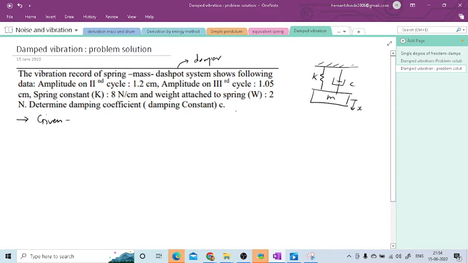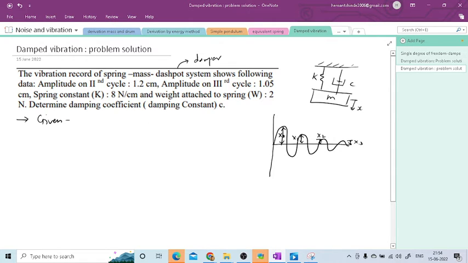Amplitude on second cycle. So I will draw the graph for damped vibration. This one is x0. This one is x1. This value is x2, this one is x3.